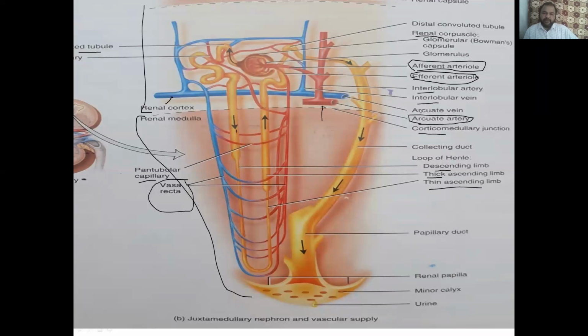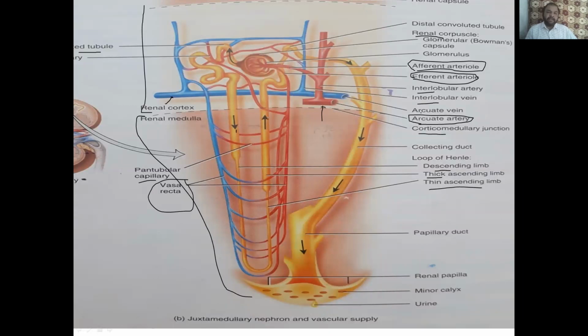Actually, the lumen within the thick and thin ascending limb is the same. The difference is only in the thickness of the epithelium, and due to that different thickness, it is differentiated into thin ascending limb and thick ascending limb.